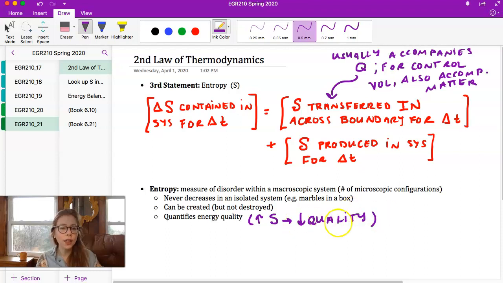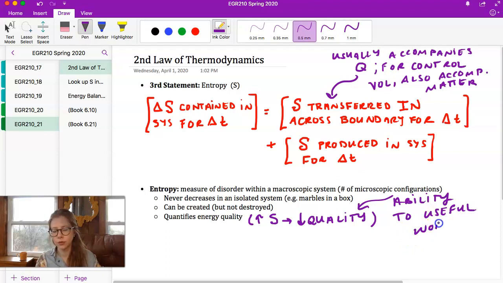And the quality of energy matters because that gives us the ability to do useful work. So heat is a degraded form of energy. We can get less useful work out of it.